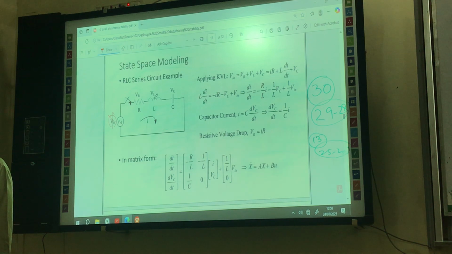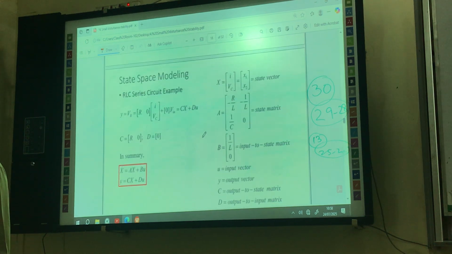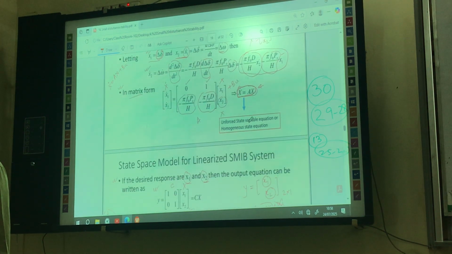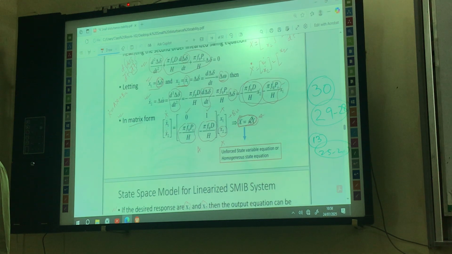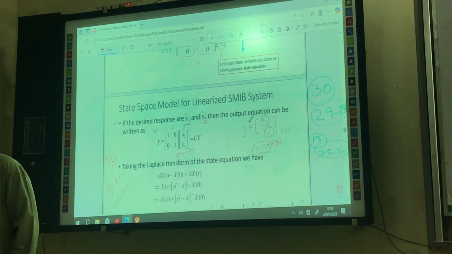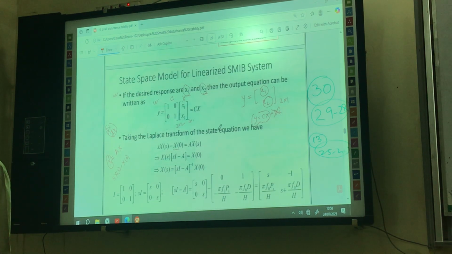The system will operate only when there is some stored charge inside the capacitor and inductors. At that time only the system will work. So we need some initial conditions because we are considering the unforced response, that is, zero input response. That's why we have to add this initial condition here.